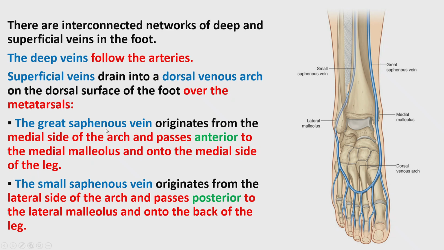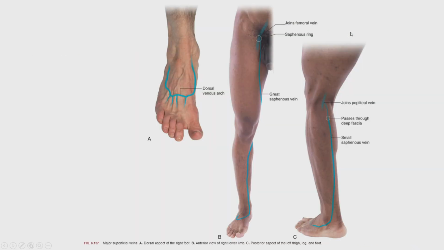The great saphenous vein is passing anterior to the medial malleolus, anterior to the medial ankle. So it doesn't go behind the medial ankle. When you dissect it, it passes anteriorly and goes upward medially, but the small saphenous vein, or vena saphena parva, goes behind the lateral malleolus, or lateral ankle, and goes backside together with the sural nerve.